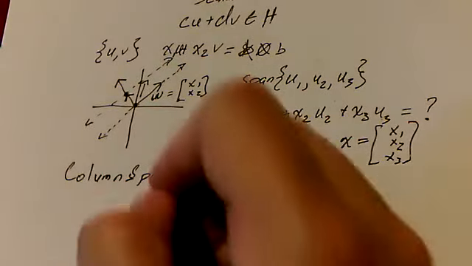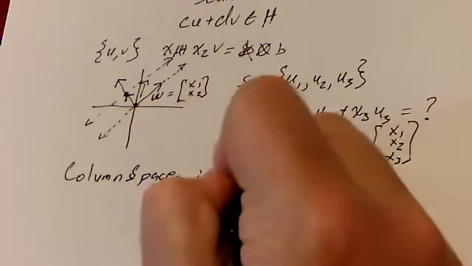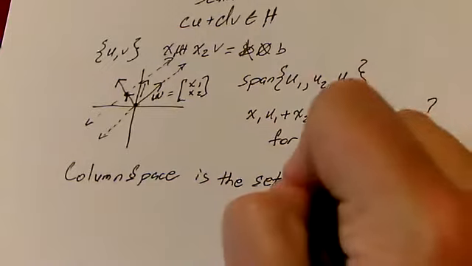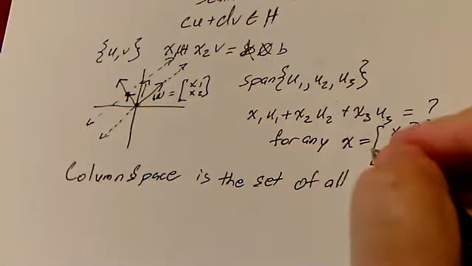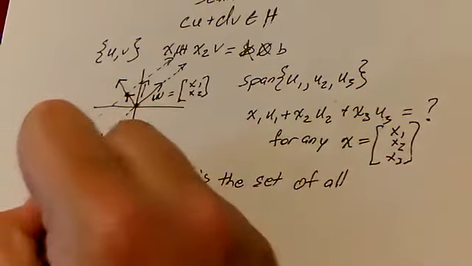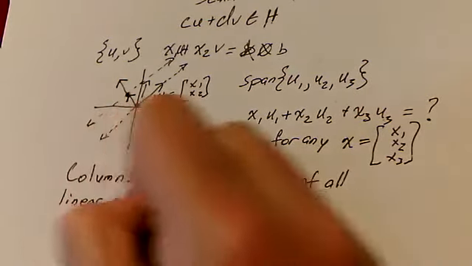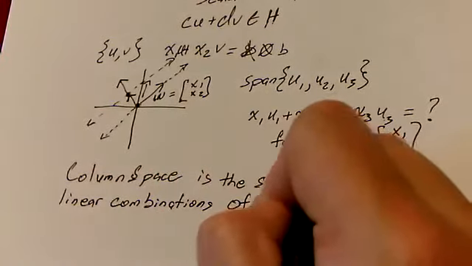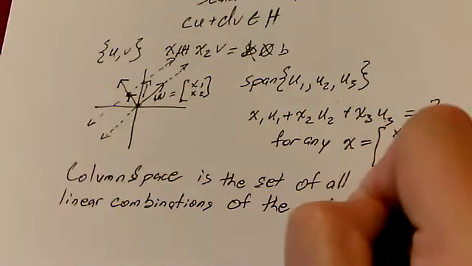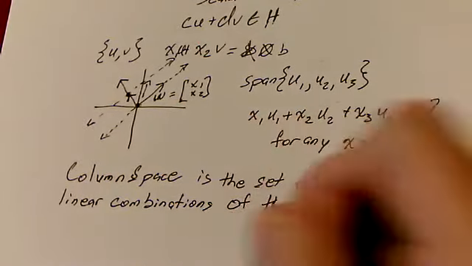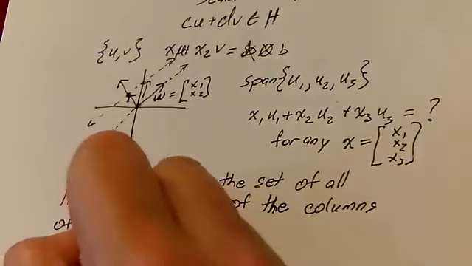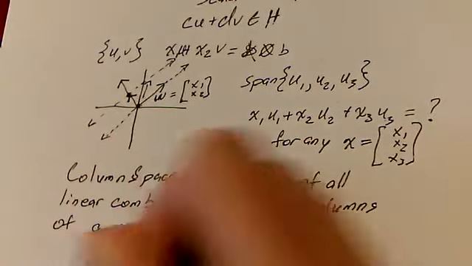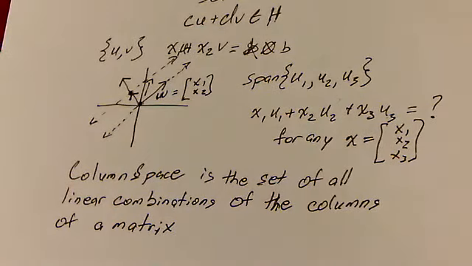Okay, and the column space is the set of all linear combinations of the columns of a matrix. Set of all linear combinations of the columns of a matrix. That corresponds to the column space.